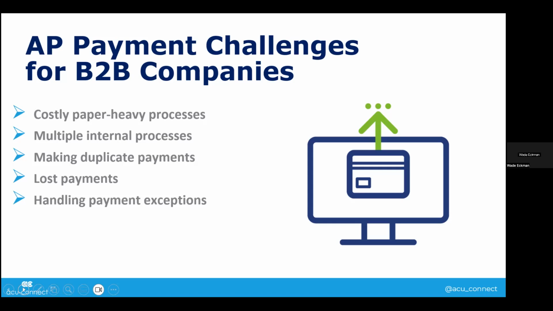And some of the challenges today, if you think of a normal accounts payable department, they're always overworked, underappreciated, and there's a lot of manual things that are happening. People are still heavily cutting paper checks. There's lots of internal processes that are not very efficient. You're trying to, well, maybe we can get the banking data from a few vendors and pay them through ACH to make it more electronic.